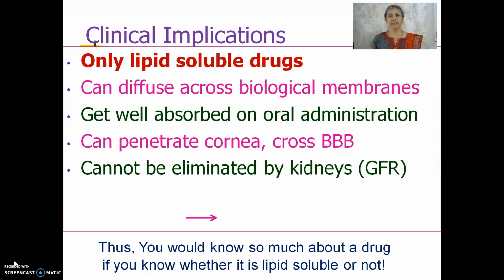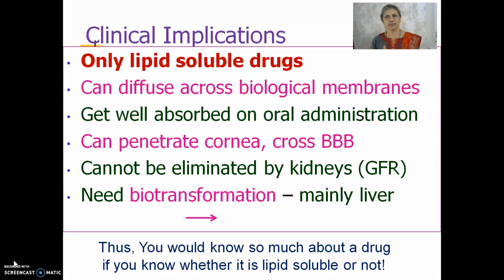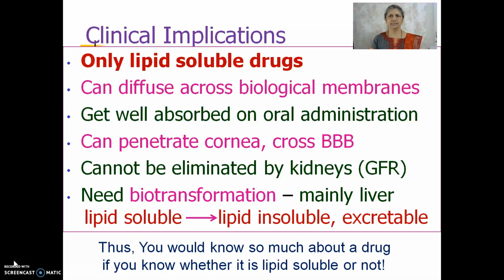They cannot be eliminated by kidneys. They may get filtered, but they are getting reabsorbed. And therefore, they need to undergo biotransformation for being eliminated. And as we saw, biotransformation is conversion of lipid-soluble drug into lipid insoluble or excretable metabolites.